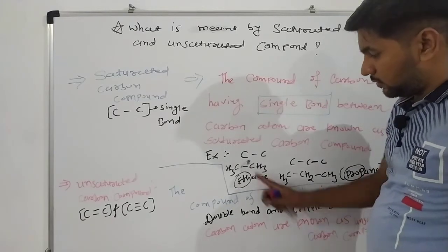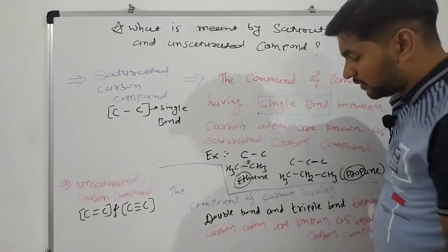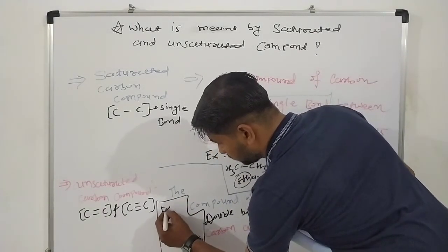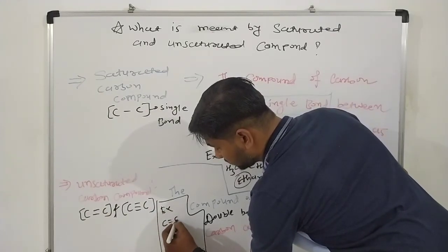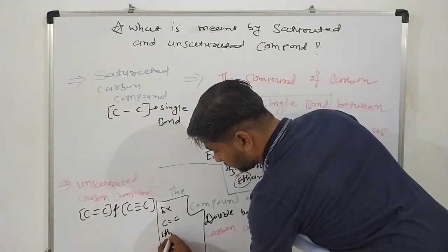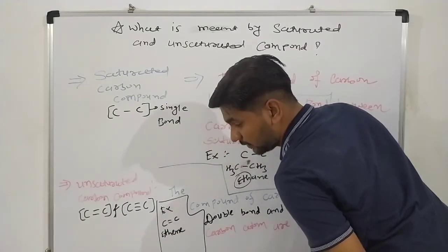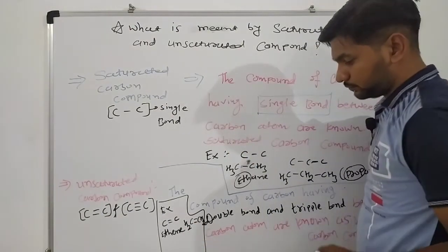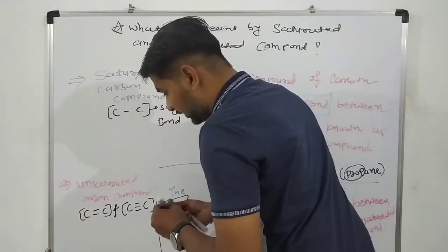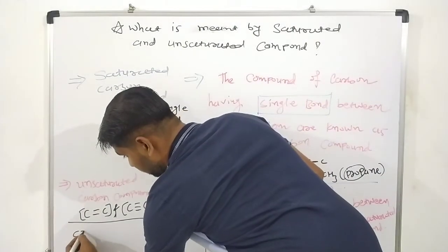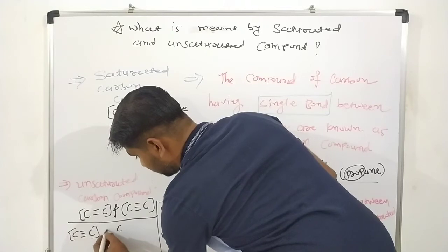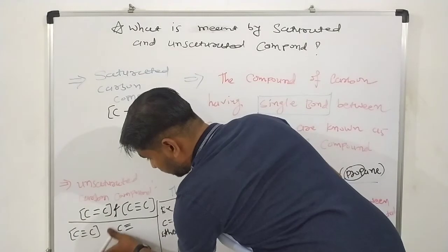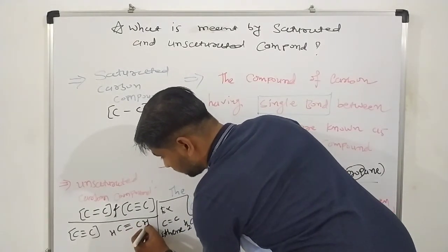For example, in an unsaturated carbon compound, you can see the example C double bond C, it means ethene. CH2 double bond CH2. And C triple bond C, it is CH triple bond CH.